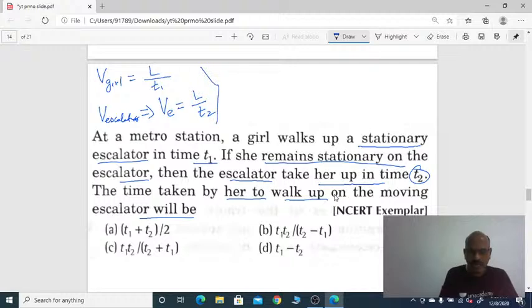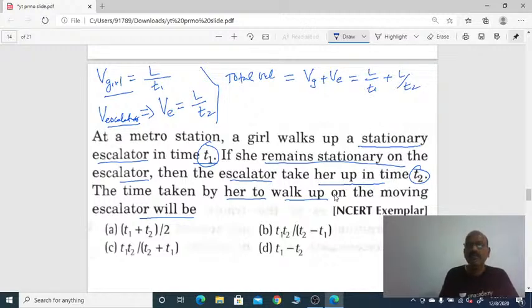First, the girl walks up on the stationary escalator in time t1, so velocity of the girl is distance by time. Then the escalator takes her up in time t2. Now, what is the total velocity of the girl on the escalator? Total velocity equals velocity of the girl plus velocity of the escalator, L by T1 plus L by T2.